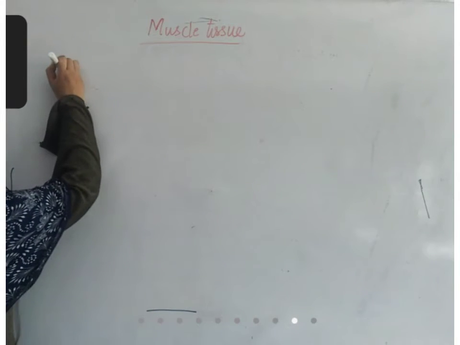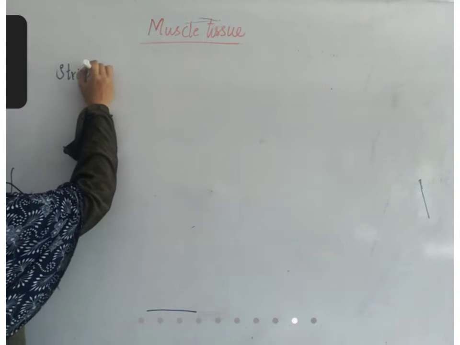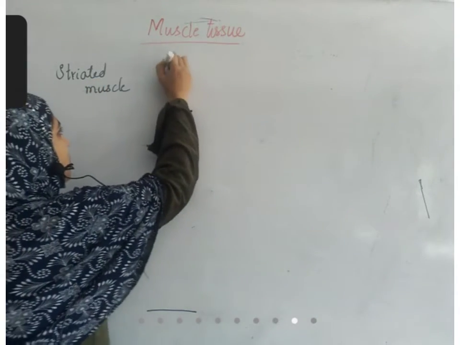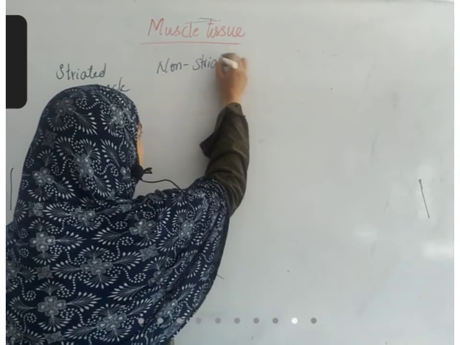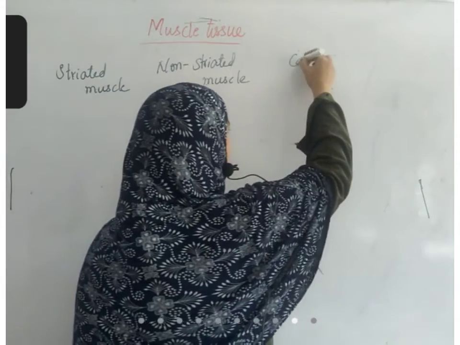So again I'm writing striated muscle, non-striated muscle, and cardiac muscle.